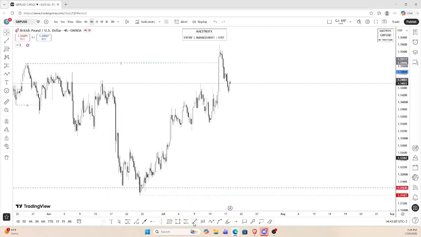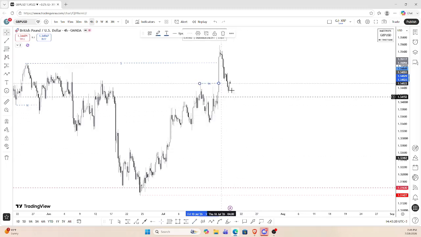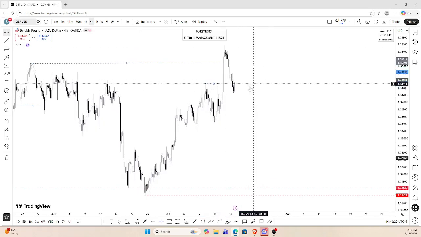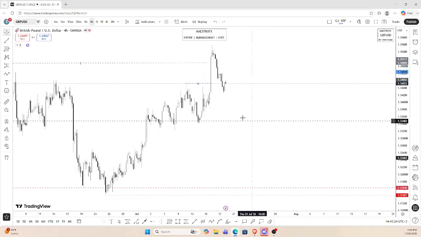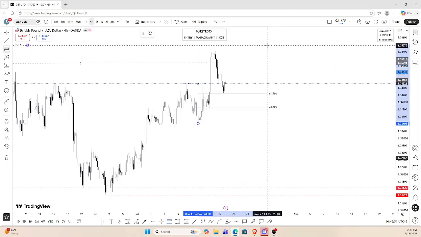Okay, but on the 4-hour, we can see that we had this last break of structure to the upside, and whatever is happening inside here is still internal. And so I think it's only fair for us to look for corrections and continuation with the current trend.